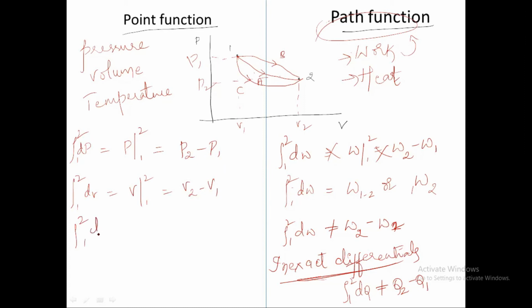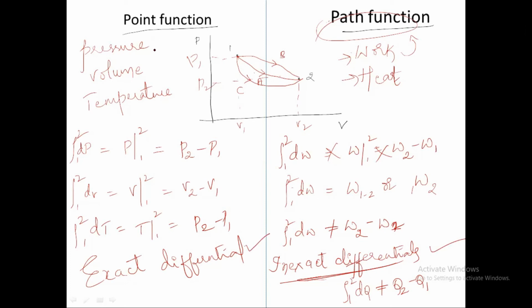Similarly, for temperature, integral dT gives T2 minus T1. Therefore, point functions are exact differentials. Remember this: work and heat are path functions, and they are called inexact differentials. And point functions are pressure, volume, and temperature, and those are exact differentials.